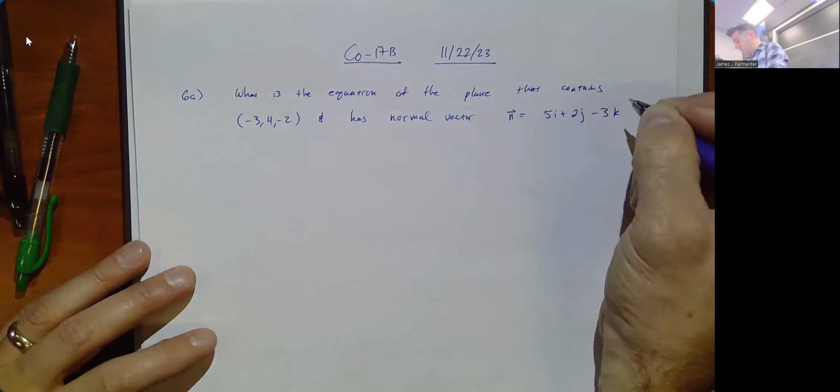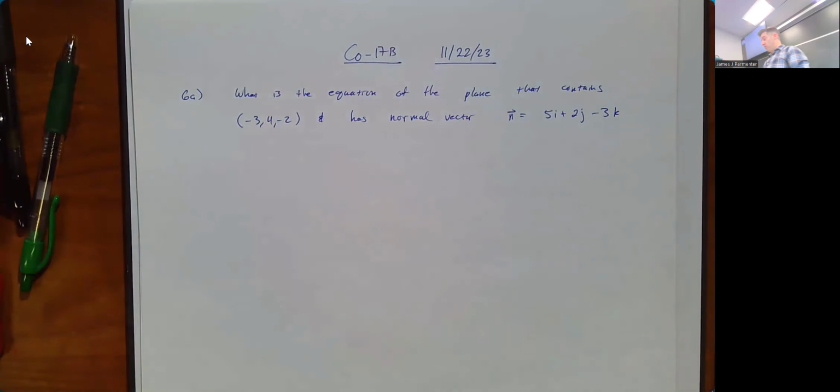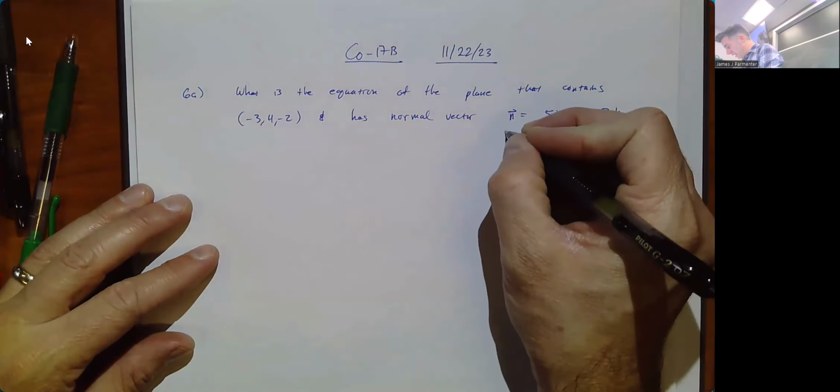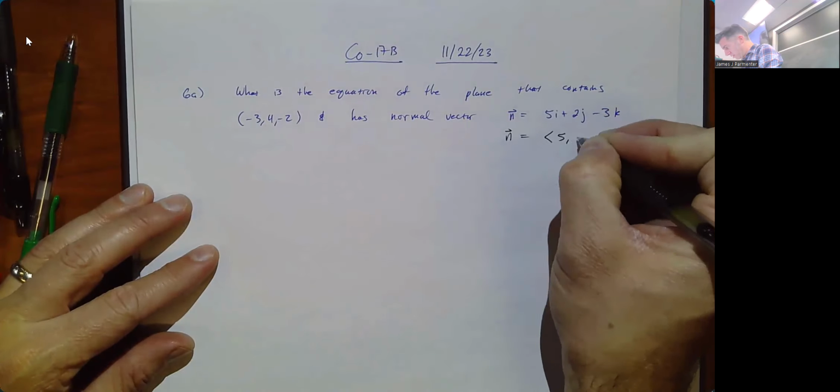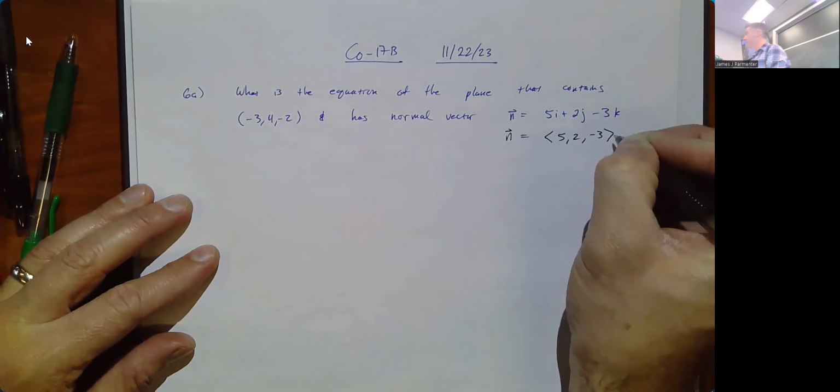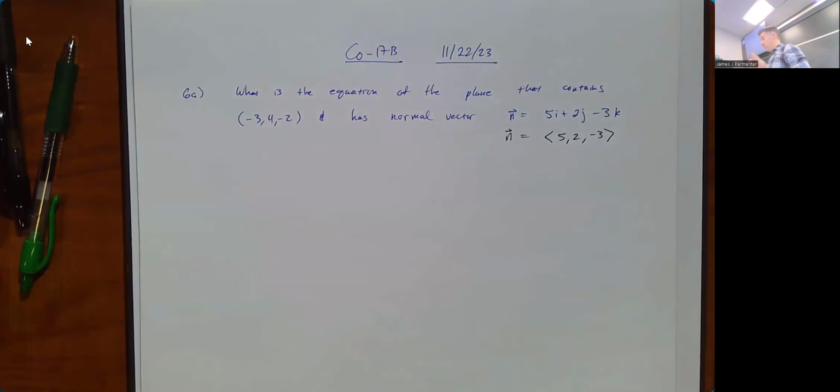And if you don't like that notation, when you see that, you could go ahead and rewrite it as n equal to 5, 2, -3, if that is preferable. Either way is totally fine.